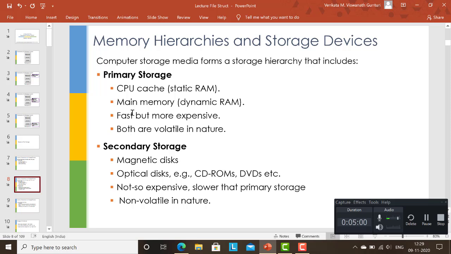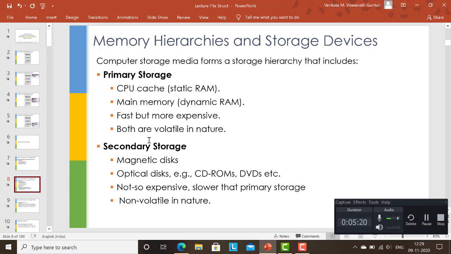So a computer has something called a primary storage and something called a secondary storage. In the primary storage, you have things like main memory and CPU cache, right? So they are very fast, but they are very expensive, and moreover, they are volatile in nature, right?